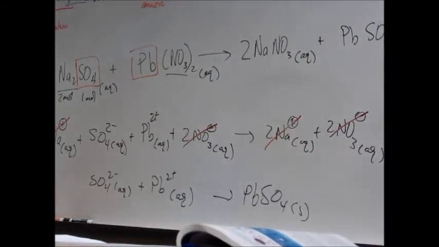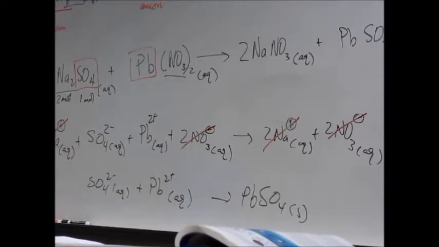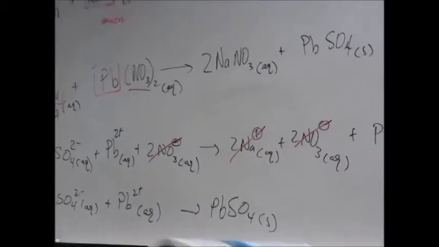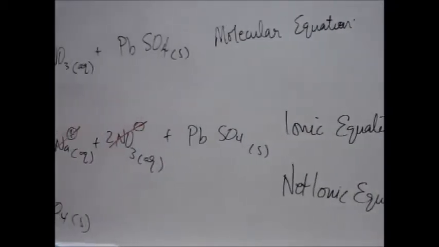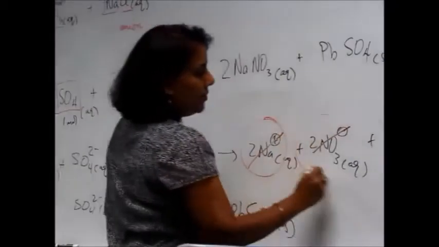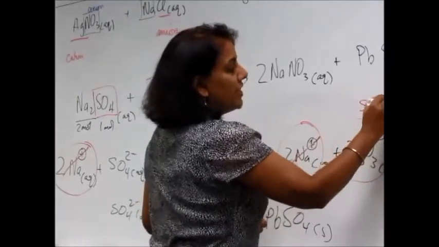The net ionic equation shows you exactly what the chemical reaction is that's taking place. The ions that you have crossed out, this and this, these are called the spectator ions.